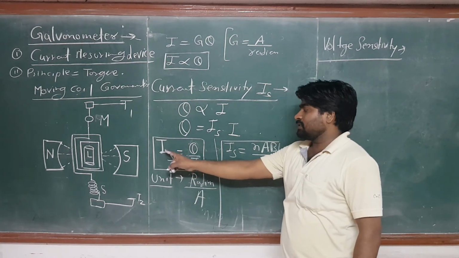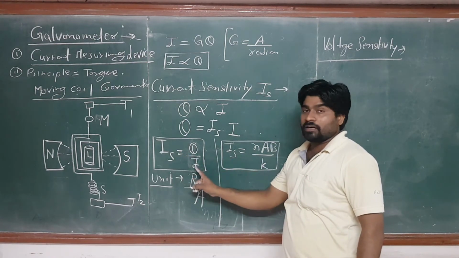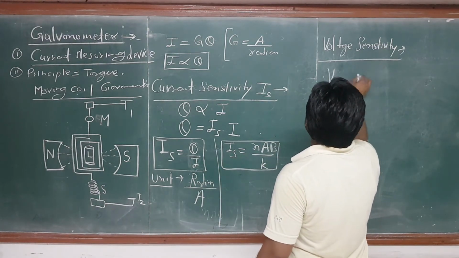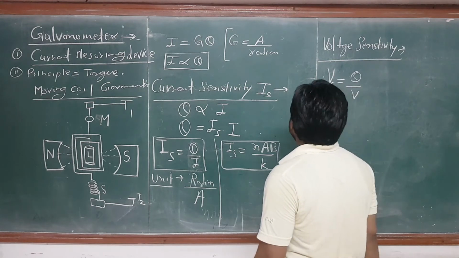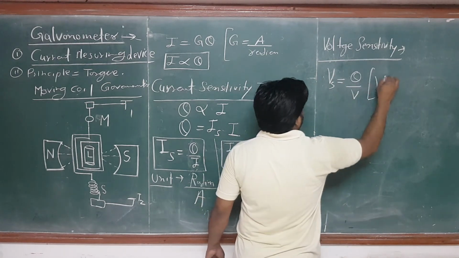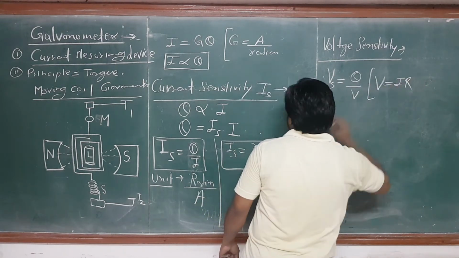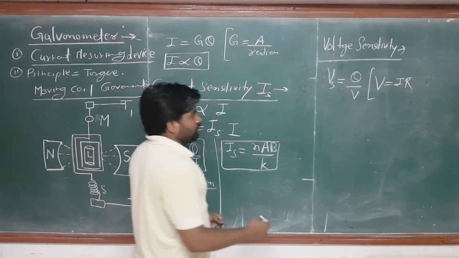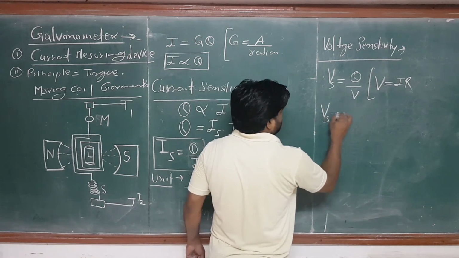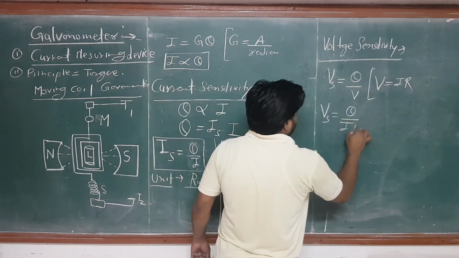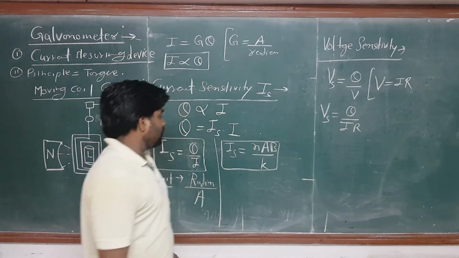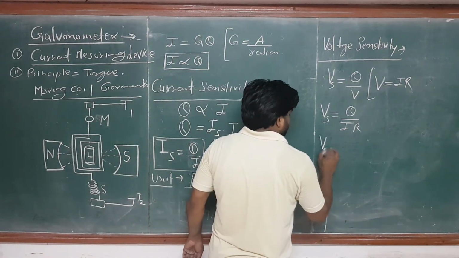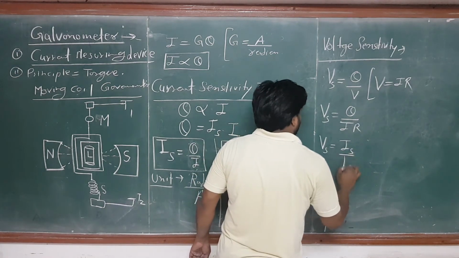As the current sensitivity Is is equal to theta by the current which is flowing, so you can write the voltage sensitivity Vs is equal to theta by the voltage V. And we already know V is equal to IR, because the coil has current and the coil has some resistance. Then Vs is equal to theta by IR, and theta by I is equal to Is. So Vs is equal to Is by R.